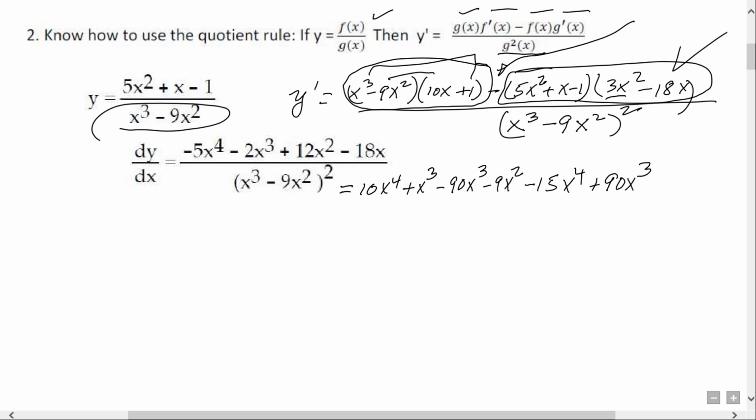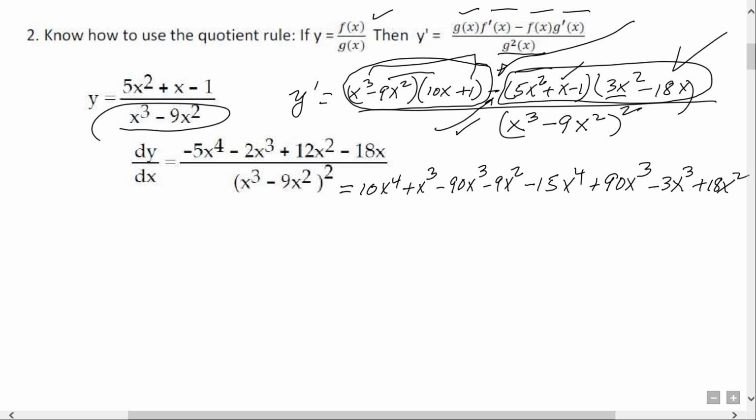Then we have the negative times the x times 3x squared, which gives us minus 3x cubed. Then the minus times the x times minus 18x gives us plus 18x squared.